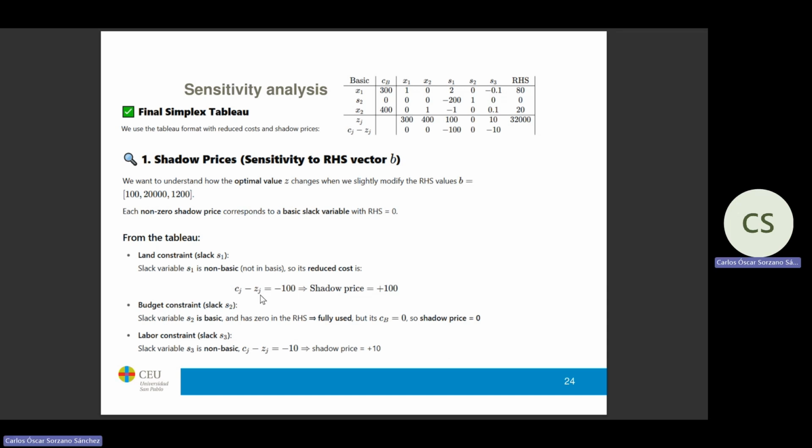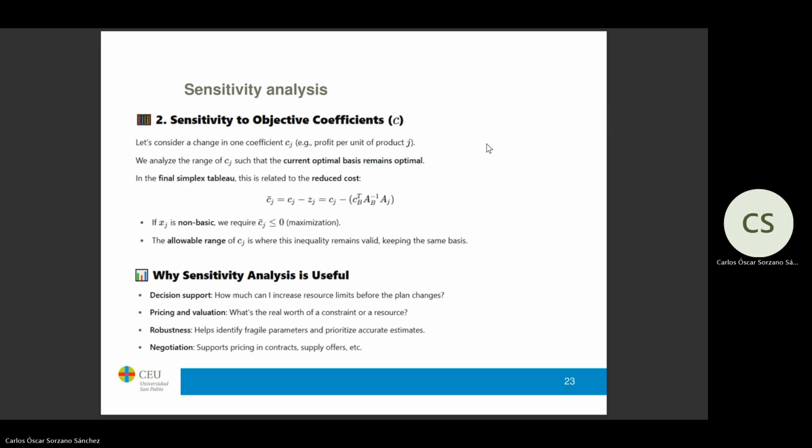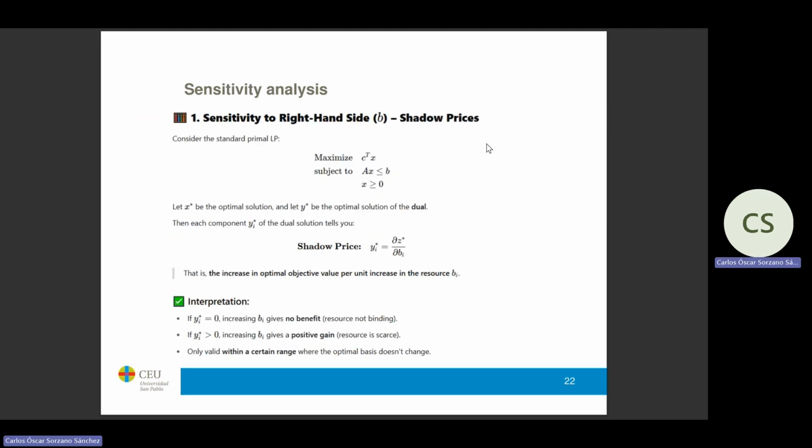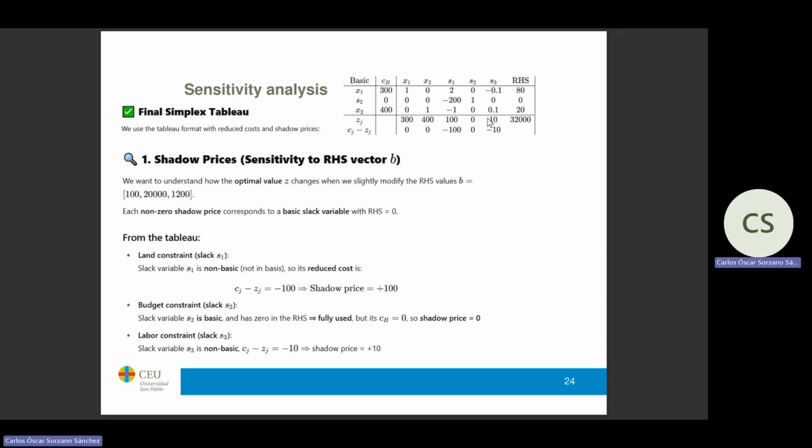This is the shadow price. This was our final Tableau. In the final Tableau you compute Cj minus Zj, and you have minus 100 and minus 10. But actually, these are related to the dual solution, so the shadow price is here. The shadow price of S1 is minus 100.